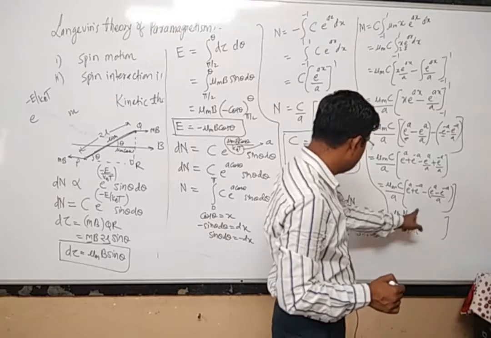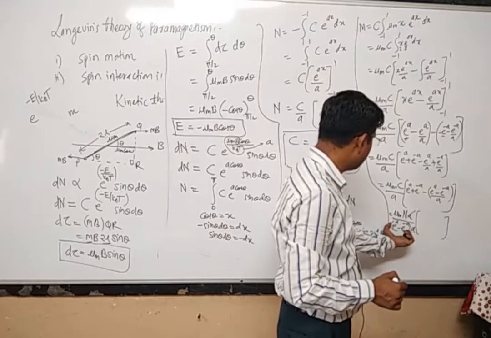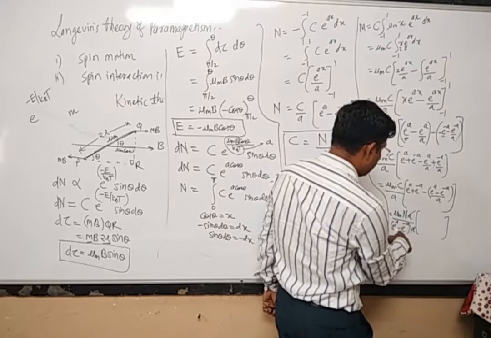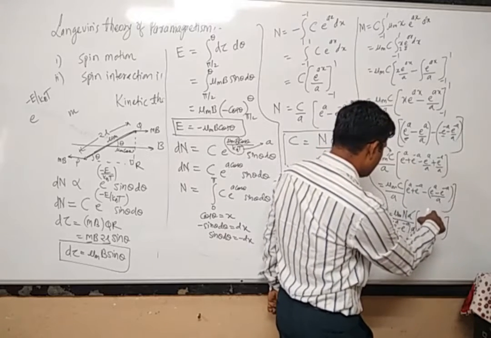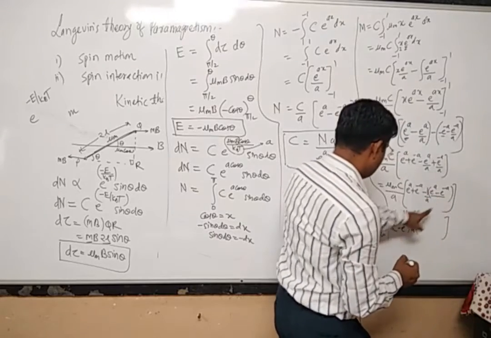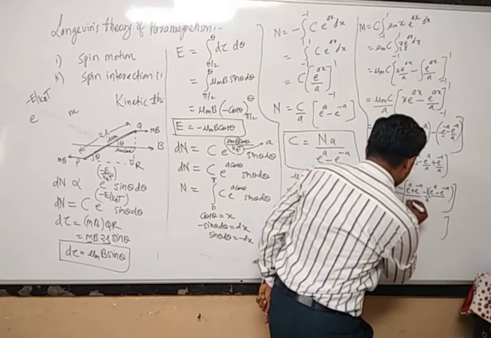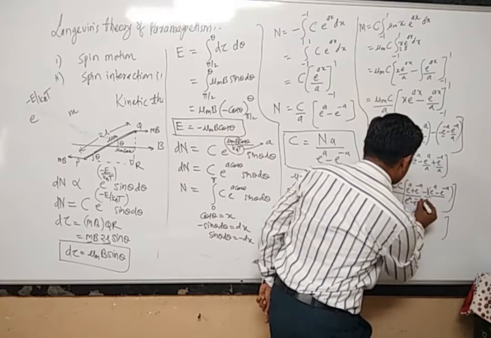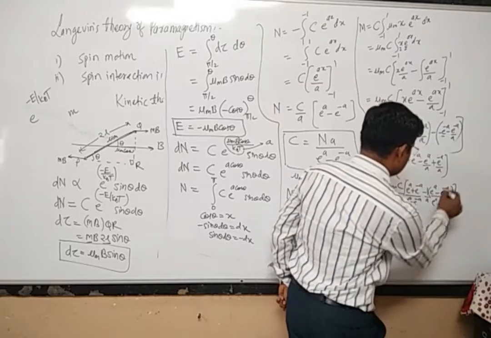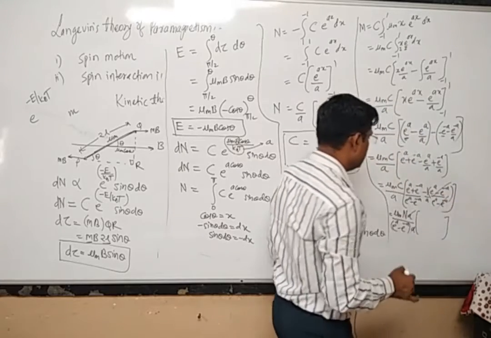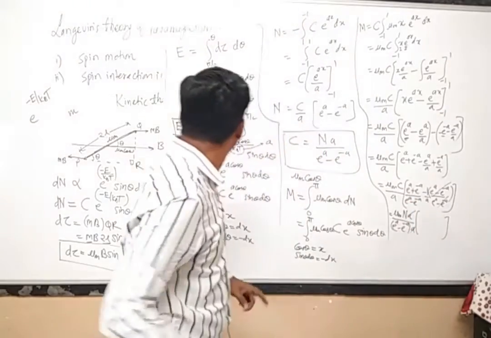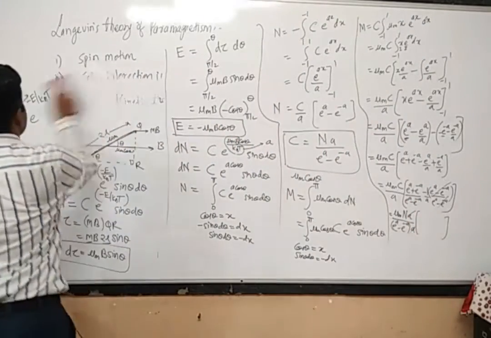So I have to divide, with this particular identity. So I will have to write e raised to a minus e raised to minus a here and here. So e raised to a minus e raised to minus a will get cancelled, and I will get this final thing.